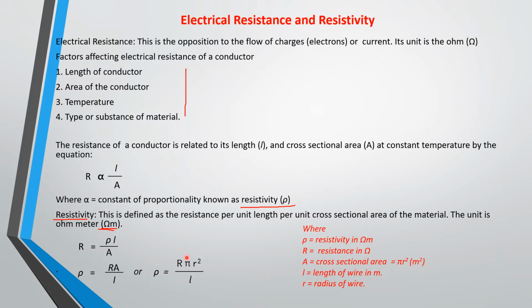So rho is resistivity, R is resistance in ohm, A is cross-sectional area in meter squared, L is length and r is radius. Depending on what you are given, you can use either this formula or this. So this is all about resistivity.